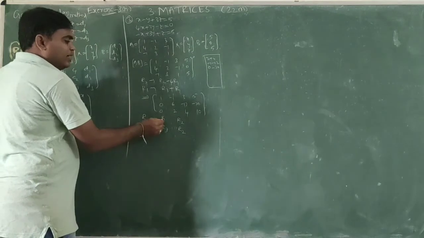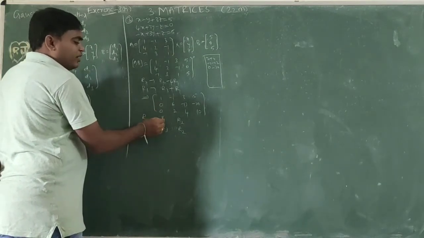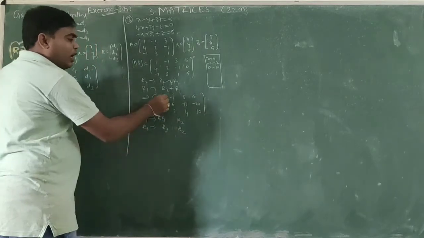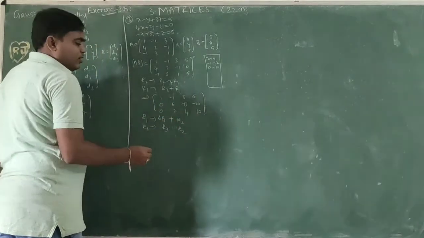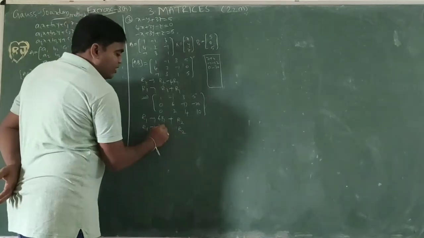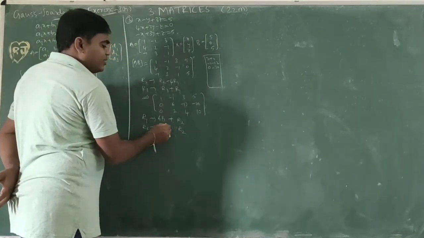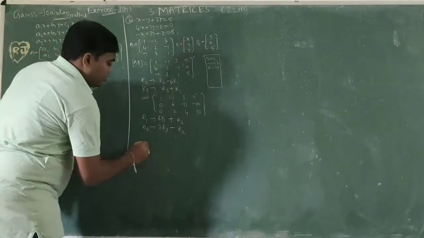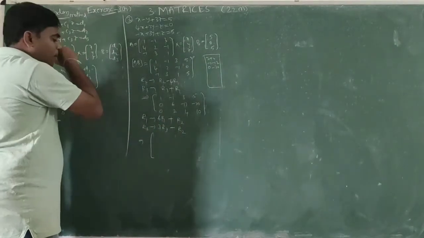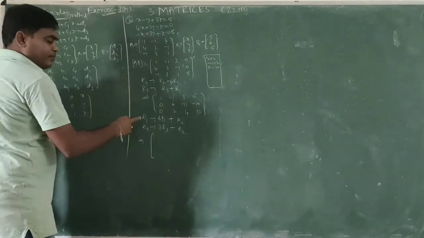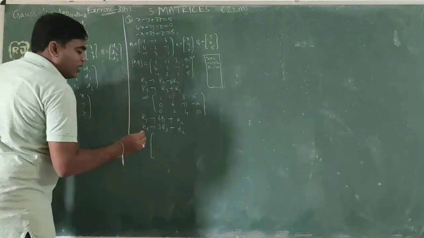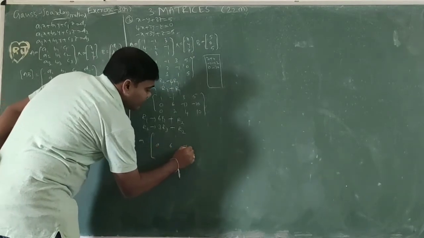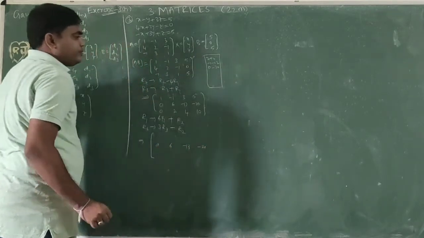R2 is unchanged, so I am writing R2 as it is: 0 6 minus 13 minus 20.